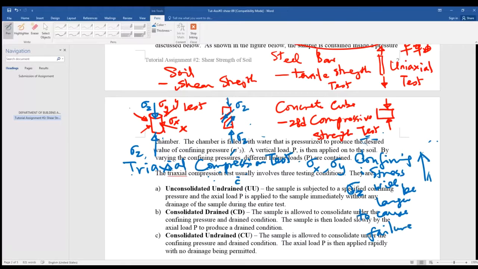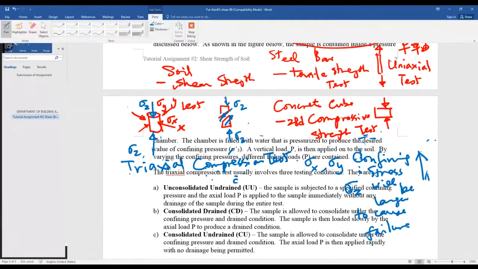Now, it's very reasonable, right? If you have a larger confining stress, or in other words, at a greater depth below the ground surface, the soil will give you a higher shear strength before it fails.